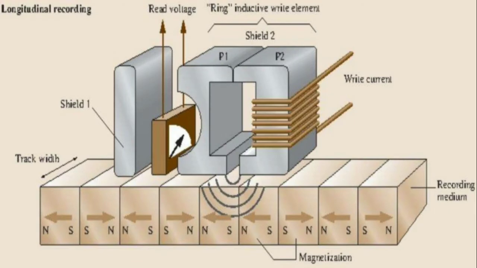In longitudinal recording, the fields between two adjacent bits with opposing magnetization are separated by a transition region, as shown in the figure.